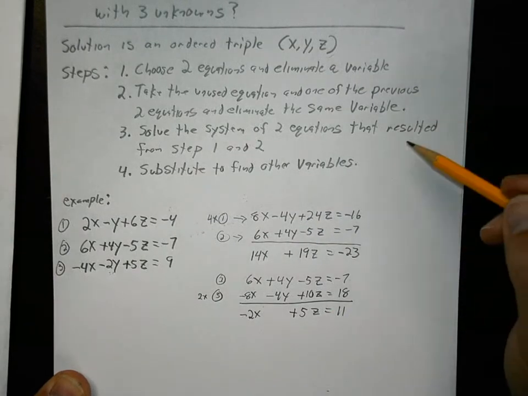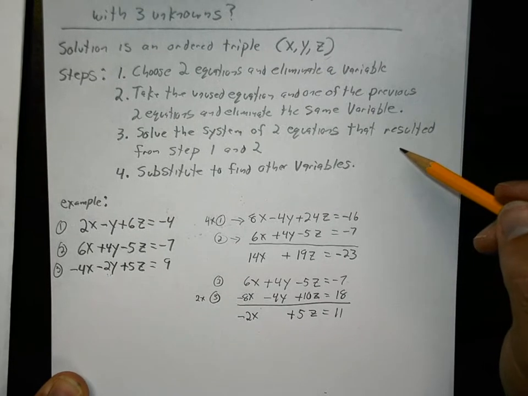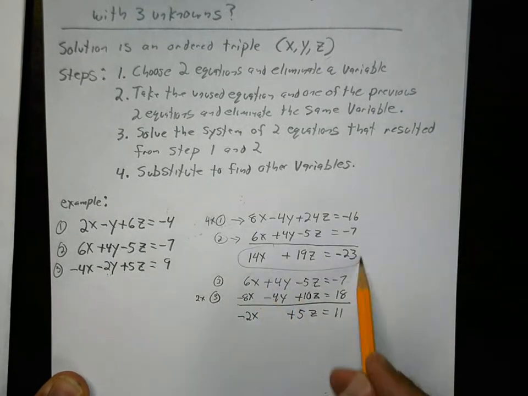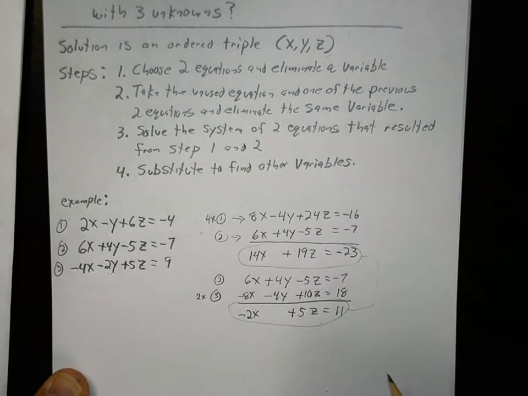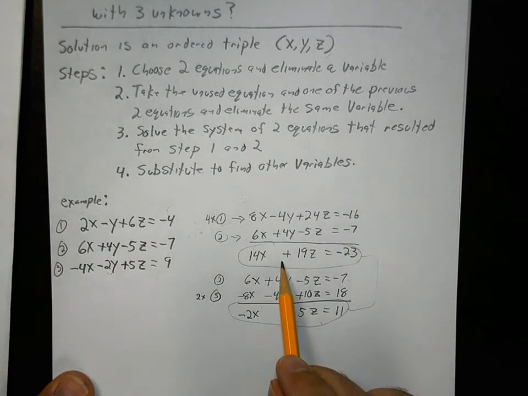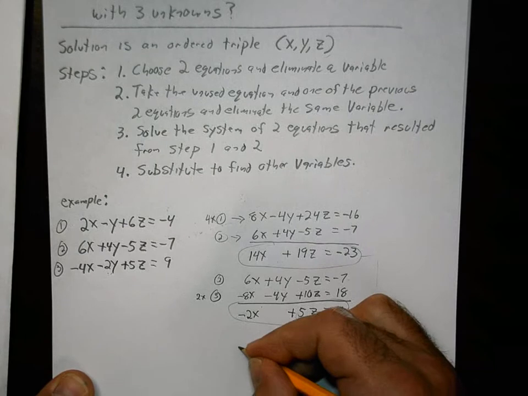Okay, step 3, solve the system of two equations that resulted. So I have two equations here now with two unknowns, the same two unknowns. So now I can combine these into a system of two equations and two unknowns and do elimination. I'm going to take this equation and rewrite it.